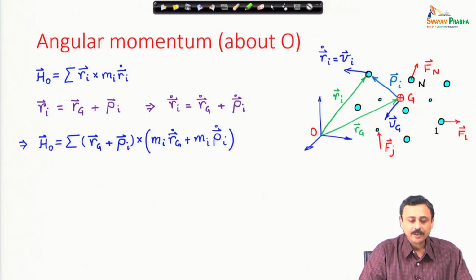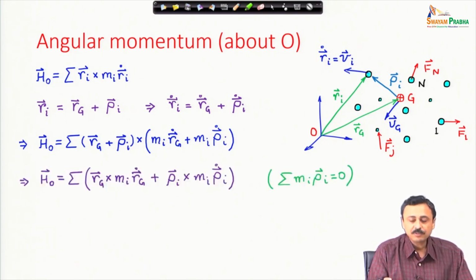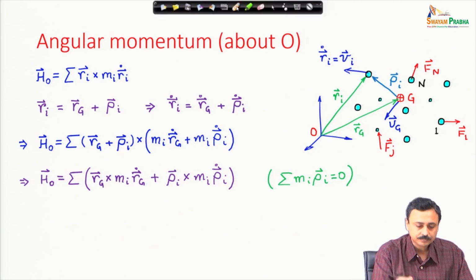Then I have these bracketed terms. Now, I will open up these brackets and simplify. When I do this simplification, I always remember that the summation of m I rho I is 0. The first term, for example, R g cross m I R g dot, we have it here.